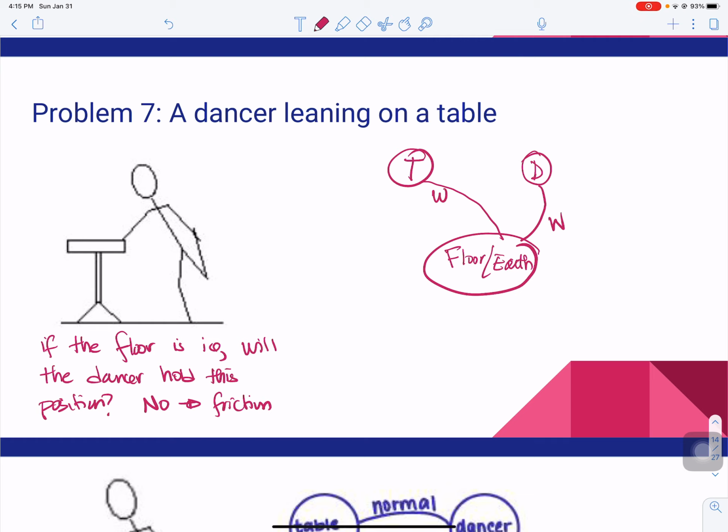And we know between the table and the dancer is pushing against the table, and so we have a normal force. I'm going to spell these out. Weight. Now, we've got to have friction. I forgot to put, okay, the table is touching the floor, so that is going to be normal. And the dancer is touching the floor, so that is going to be normal.